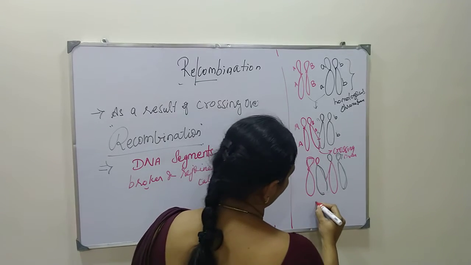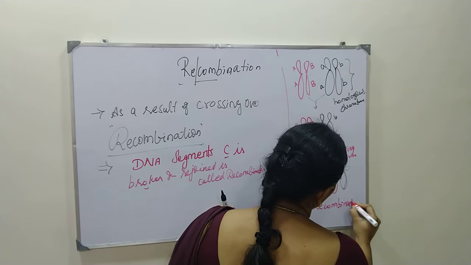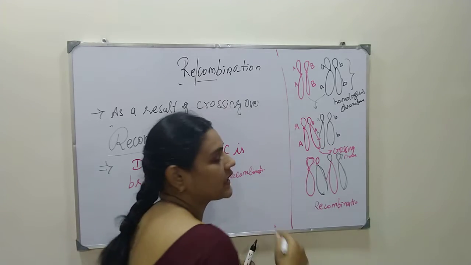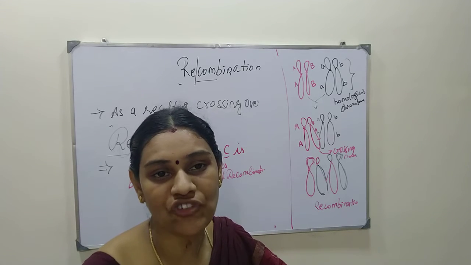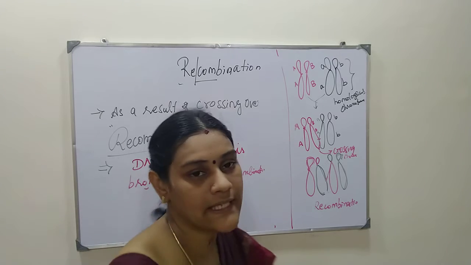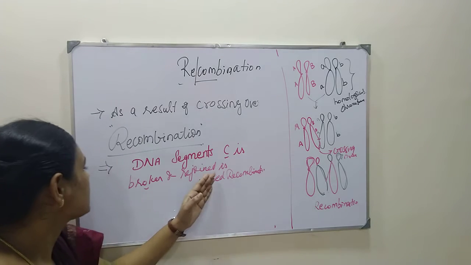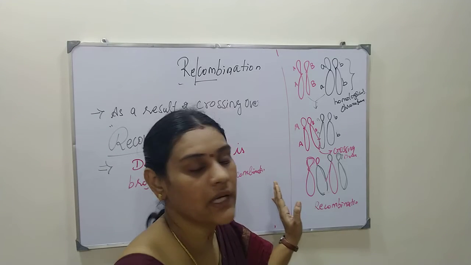These two are called recombination. Why recombination? Here two different sources undergo crossing over, so that we get recombined genes. As a result of crossing over, it is called recombination. So the DNA segments which are broken and rejoined are called recombination.